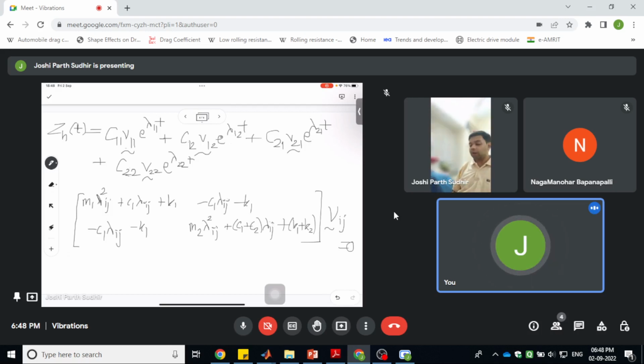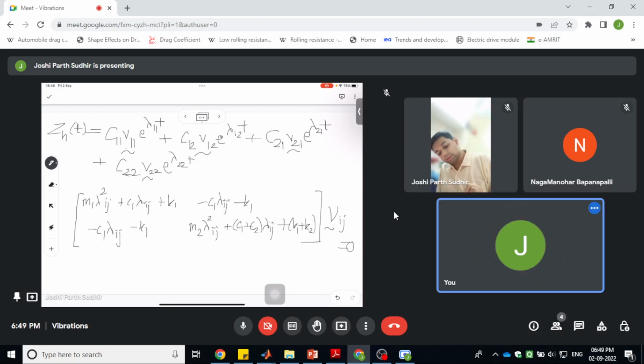To get the value of Vij, to find out the relation between the coordinates, let us say we write it as some v1, v2. To get the relation between v1 and v2, we try to solve this equation. This will have infinitely many solutions, but there will be a definite relation between the coordinates v1 and v2.